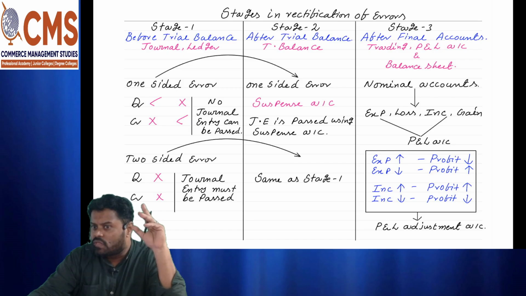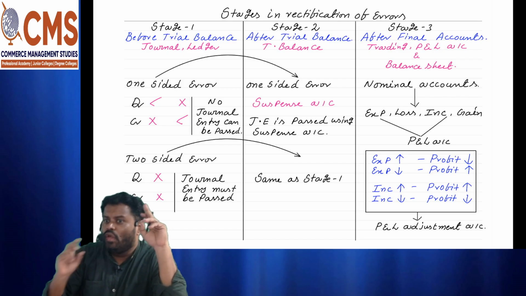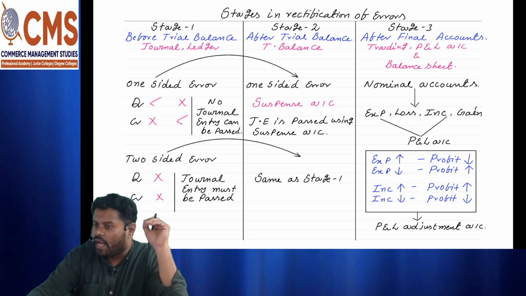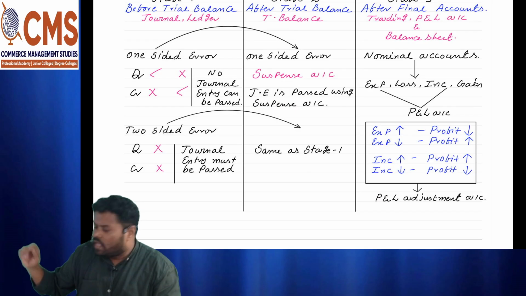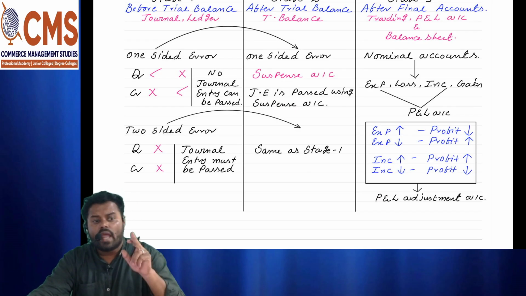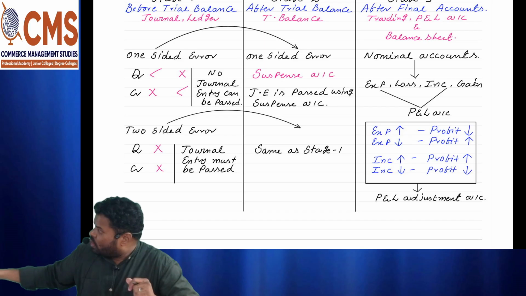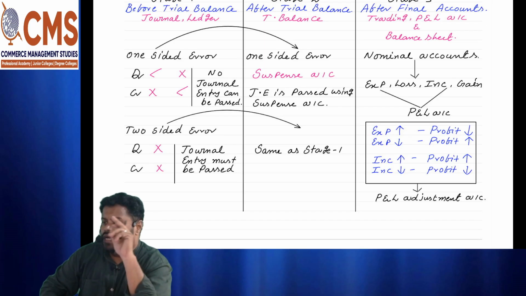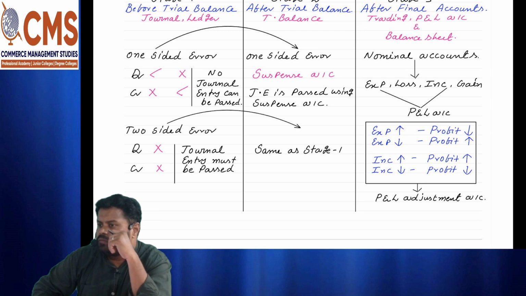Only thing that you have to observe is if you have any nominal account which is affected there, you should use a P&L adjustment. And where do we close this P&L adjustment is? Obviously, P&L adjustment account will be adjusted in your capital. Why? Because of that block. Look at the block. Expense overstated, expense understated. What is getting affected there?